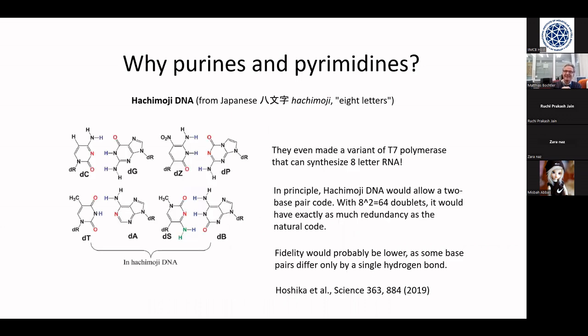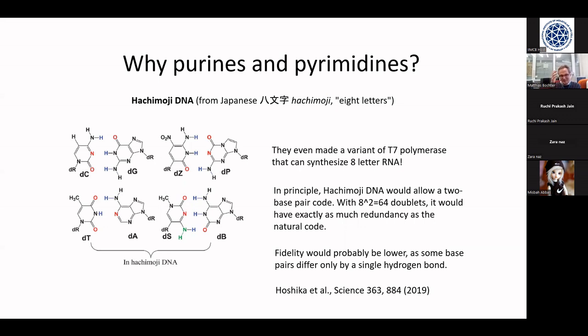But there are meanwhile also really nice systems that show that even based on the purines and pyrimidines, you could go further. There's something called Hachimoji DNA, and apparently Hachimoji, which I probably pronounce awfully, means eight letters. So it's possible to make DNA that has eight different letters rather than just the four standard ones.